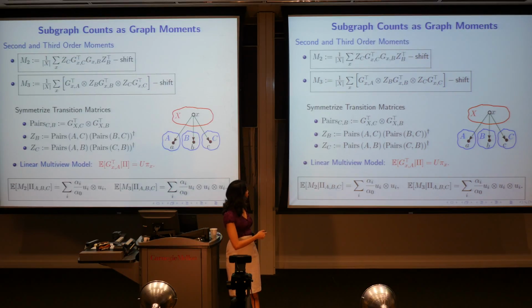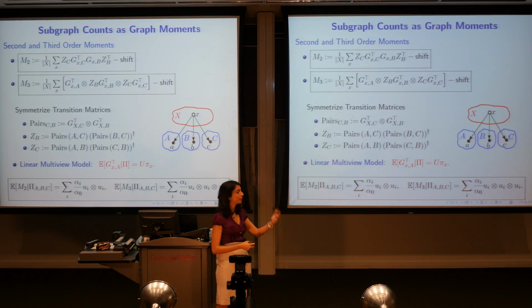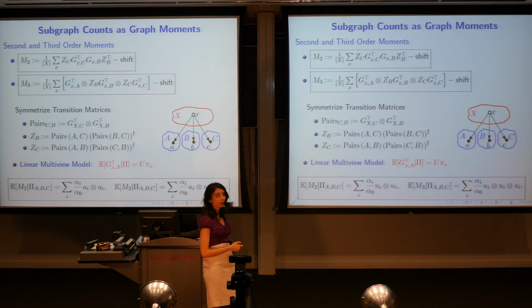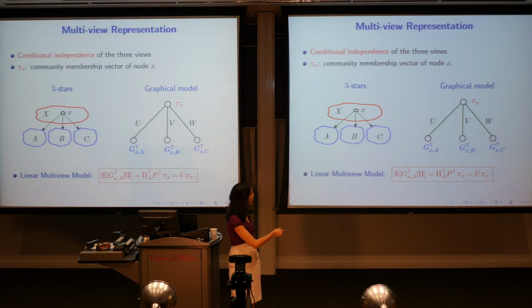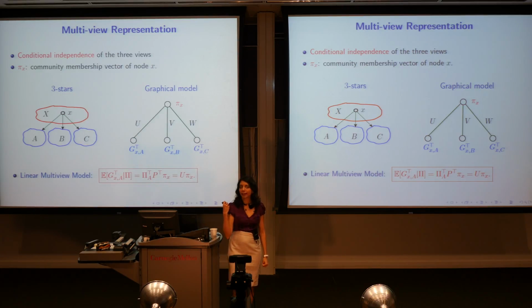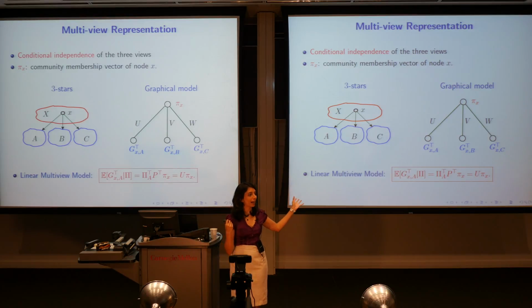My earlier M3 should have had a slightly different notation, because that was only for the stochastic block model. For a general Dirichlet model, we'll again have these shift terms, as I had before. But think of the intuition: because I have this multi-view model and the hidden variable is Dirichlet, I can use the moment forms that I had before.